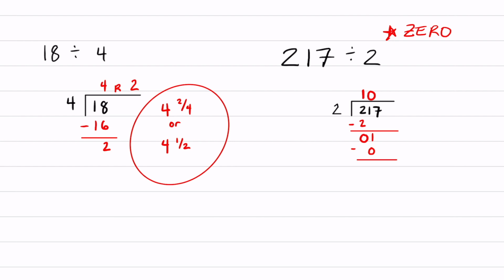Now I'm left with 1 minus 0, which is 1. And this is when the 7 drops down. And now you can repeat the same step. 2 fits into 17. 8 times 2 is 16, which I'm subtracting right here. And I'm left with a remainder of 1. So the answer is 108 and 1/2.